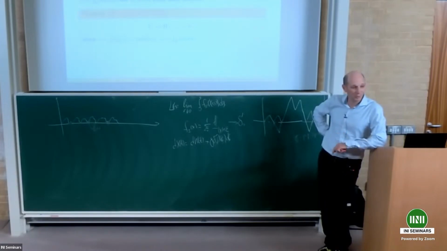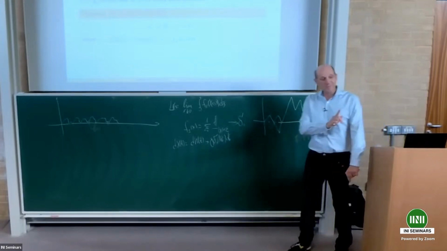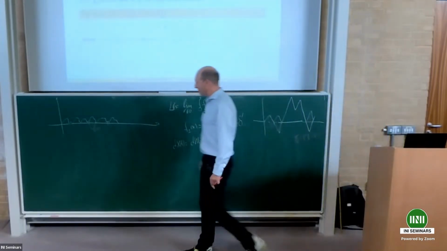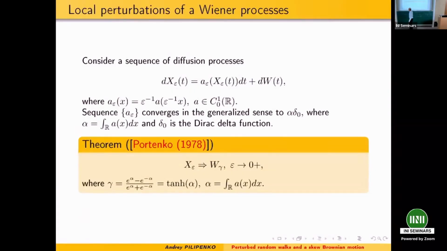Where the integral is divergent. Okay, let me tell you. It depends. I think if A is divergent and positive, then the limit is reflected Brownian motion.